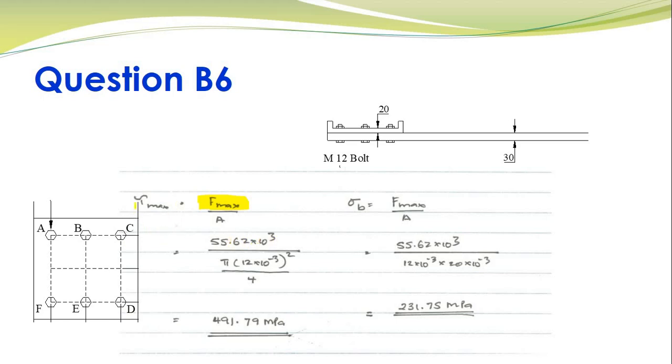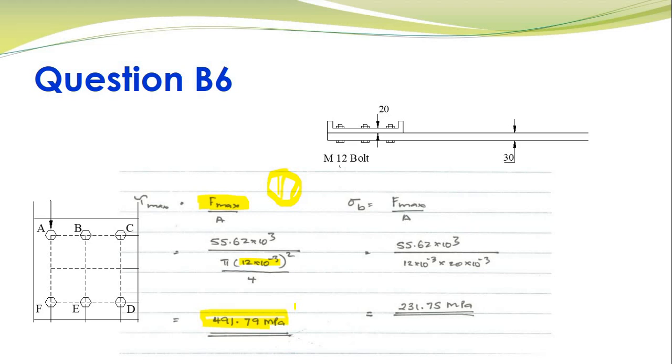For shearing stress, the cross-sectional area we're looking at is a circle, given by pi d squared upon 4, and the diameter of the bolt was given as 12 mm.